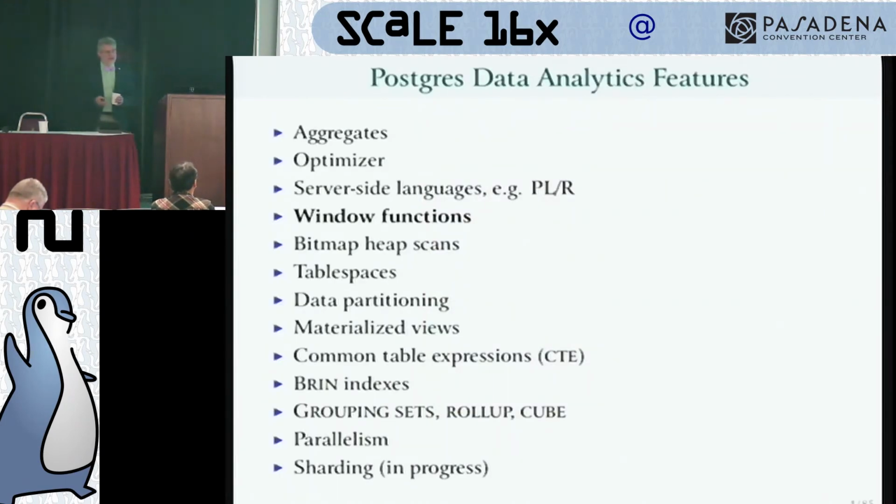What are window functions? Window functions are part of a larger set of features that Postgres supplies for data analytics. Things like data partitioning, materialized views, and common table expressions are right there. That's something you can use for data analytics. Also index-only scans, grouping sets, rollup, optimized aggregates, and tablespaces, all things you would use for data analytics. Window functions are merely an additional feature that people use for data analytics.